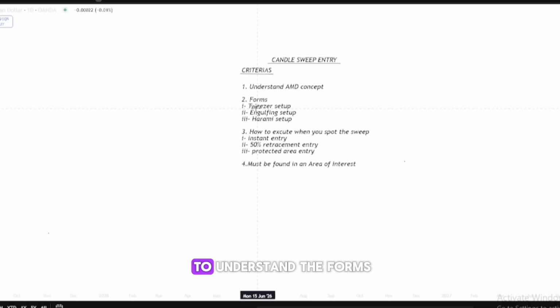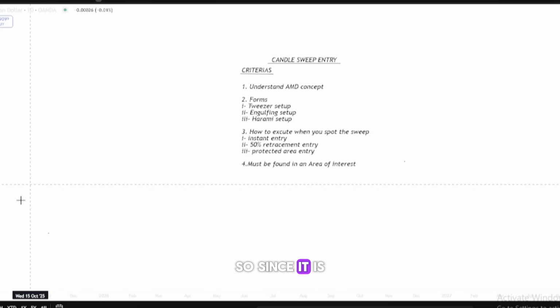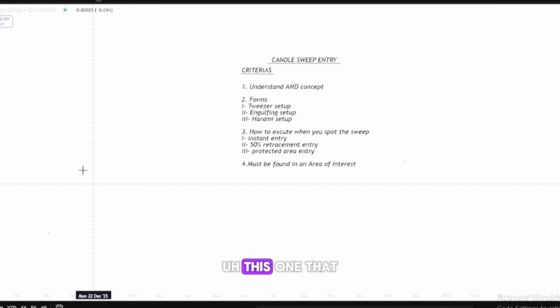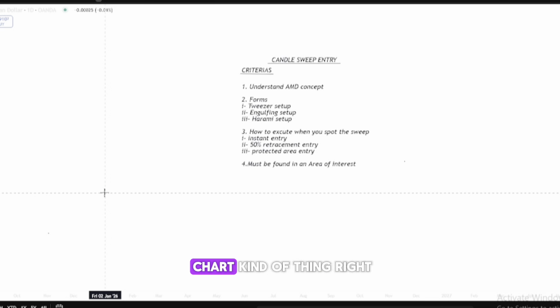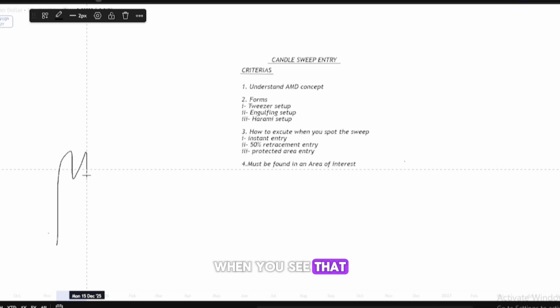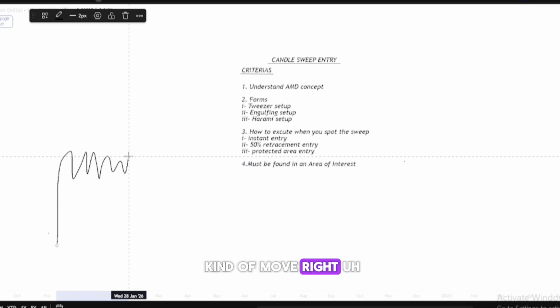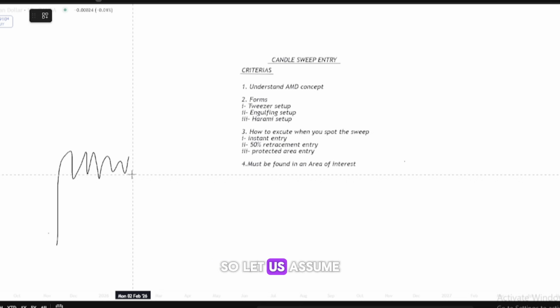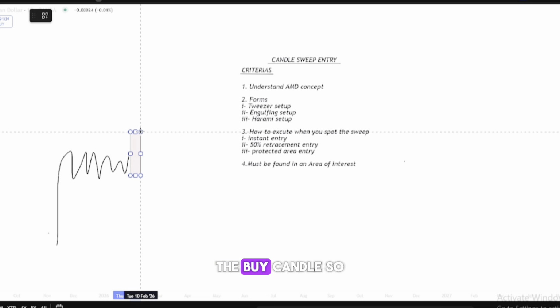Then the next thing is to understand the forms in which this actually appears, right? Since it is candlestick based, remember this is a candlestick based entry model. This one that I just drew is like a line chart kind of thing, right? But when you see that kind of move, this is what it looks like on the candlestick based strategy. So let us assume this is the pull, the buy candle.